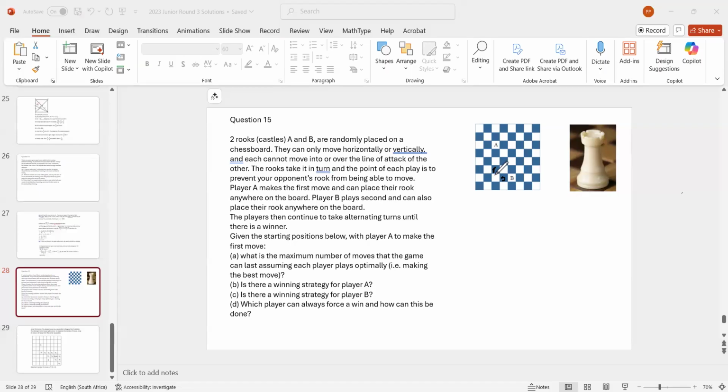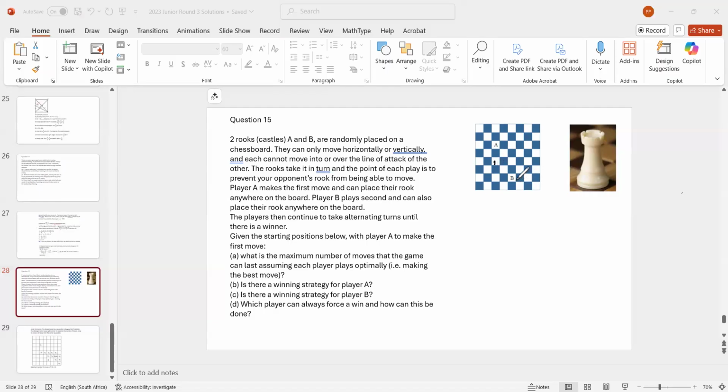Now A, so it seems to me that you can't do that. Yeah, if he moves here, then he's got a problem, because then A doesn't have a move now. I think A will have to move here.